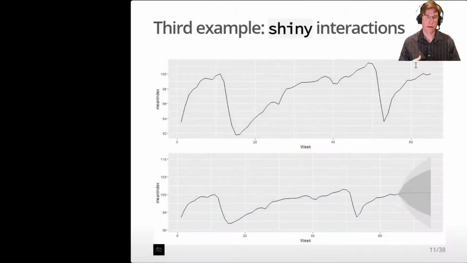Moving on with Shiny, even though this is a ggplot and in itself is not interactive, with Shiny it creates an image map, if you will. So here I've relabeled things from dates to weeks, going from 1 to the number of weeks here, which is about 65.